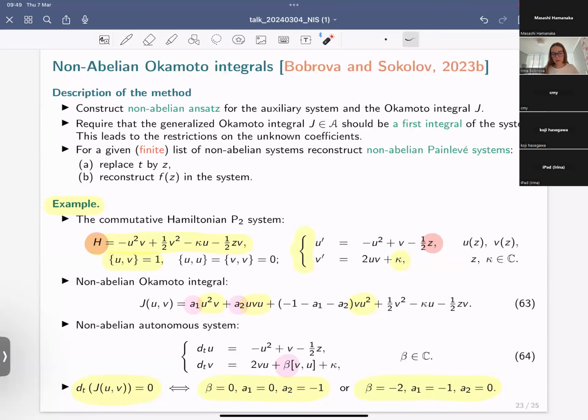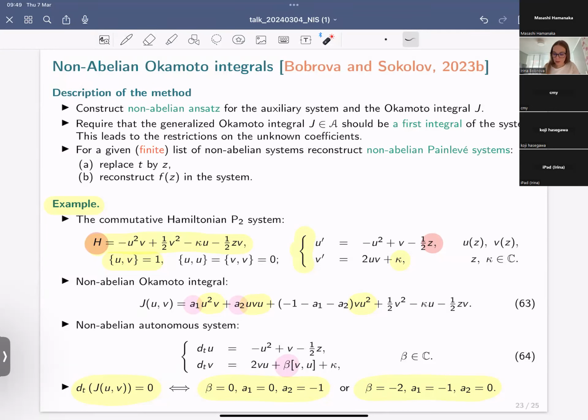And we can do the same procedure for all Painlevé equations, and we can classify them by using this criterion. And in fact, the resulting equations are integrable because we can present their Lax pairs, the monodromic Lax pairs.